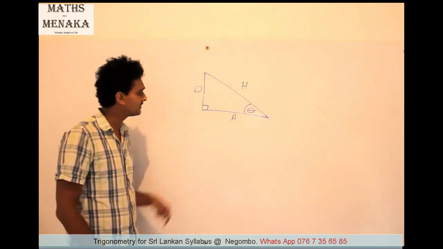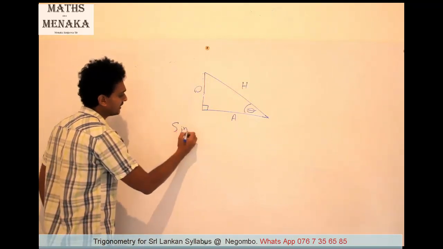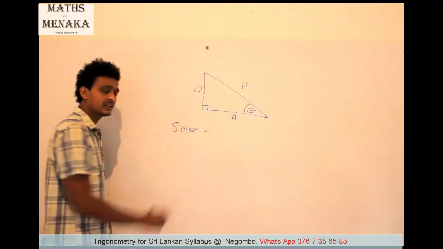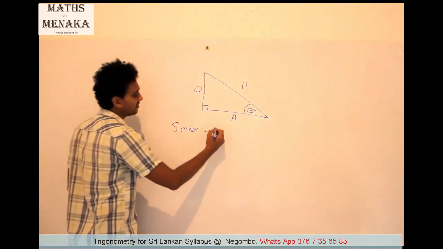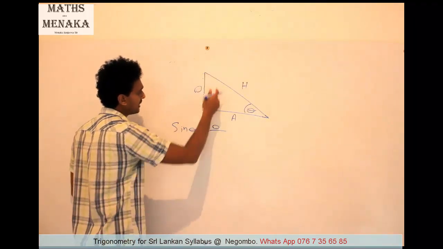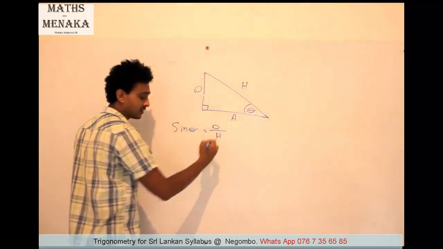What is the sine value of this angle? Sine theta you can get by dividing the length of the opposite side by the length of the hypotenuse.